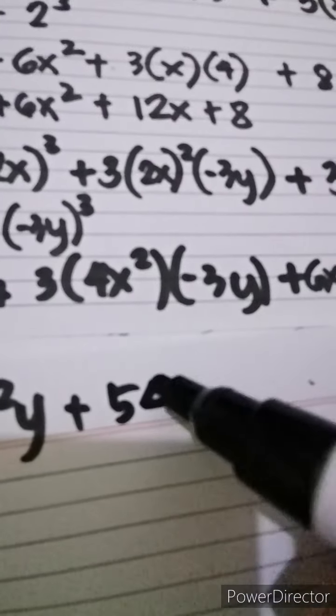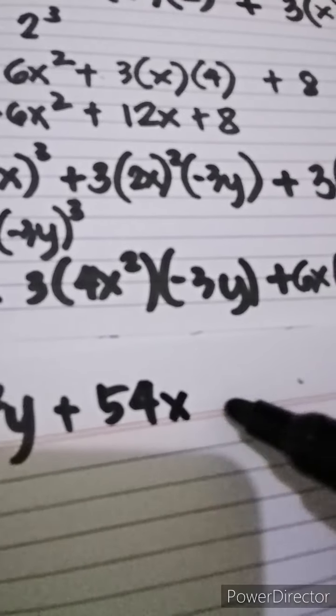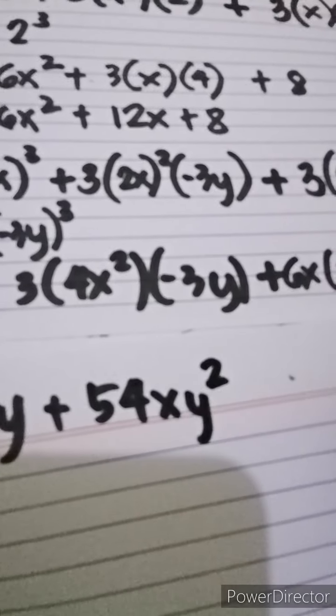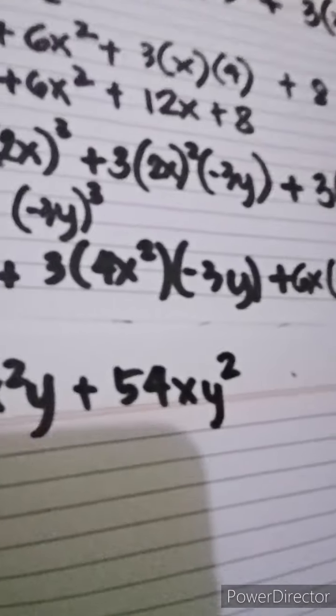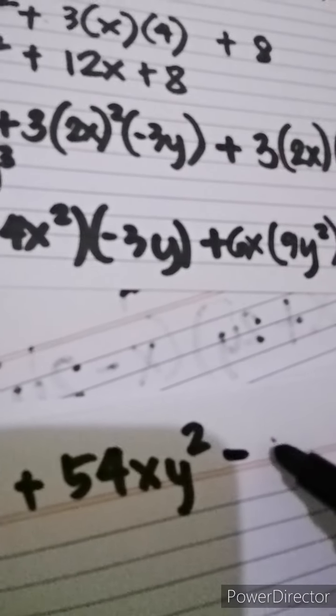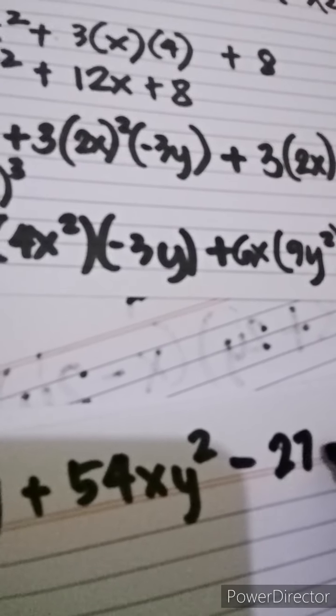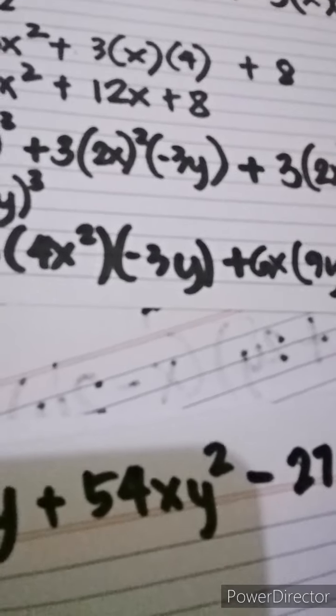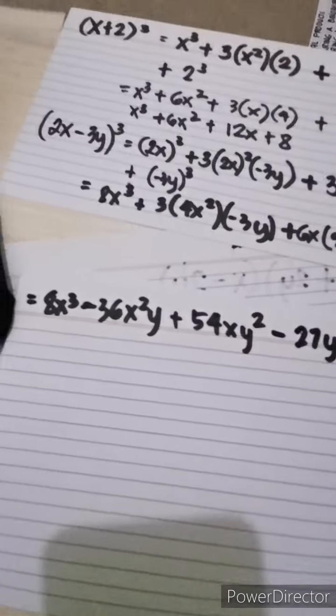So, we have 54x y squared. And just copy the sign, the last term, which is minus 27y cube. Okay, so that is the final answer.